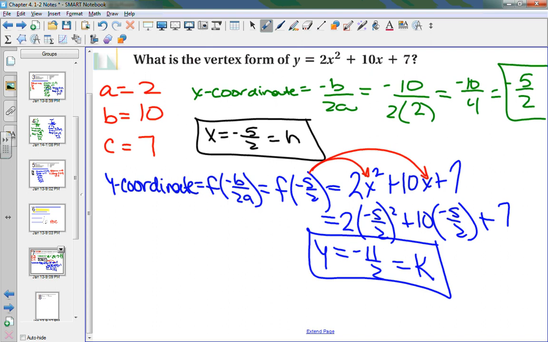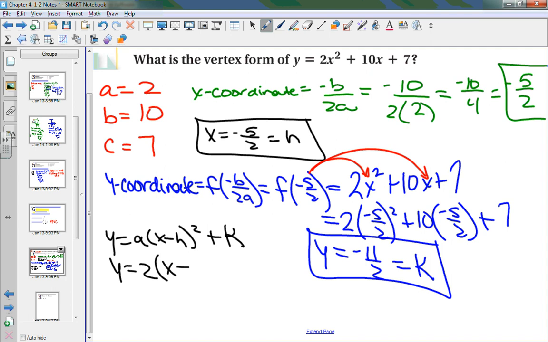So now I found k, and now I found h, which is the same thing as x and y. And now what did the problem ask you to put it in the form of? Vertex form. Well, vertex form is y is equal to a times x minus h squared plus k. So y is equal to, what's a? 2. This is minus h.